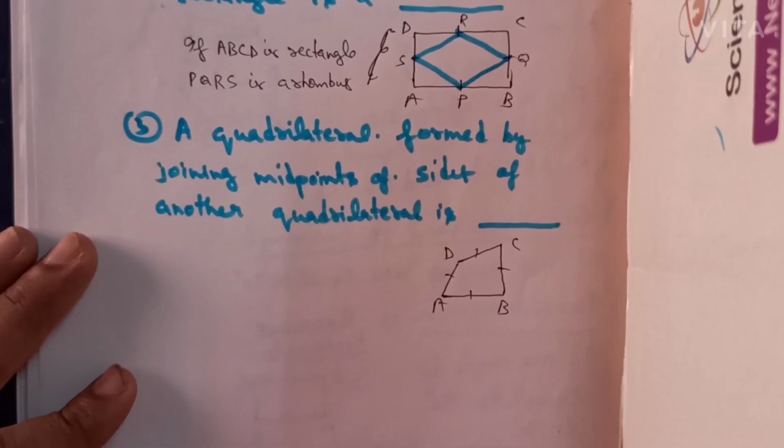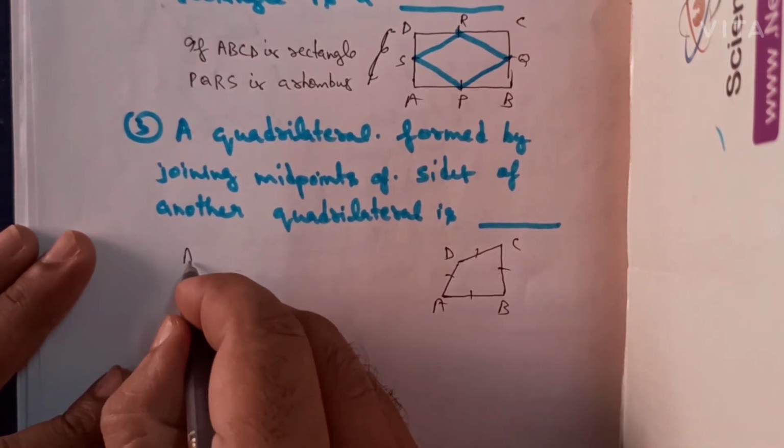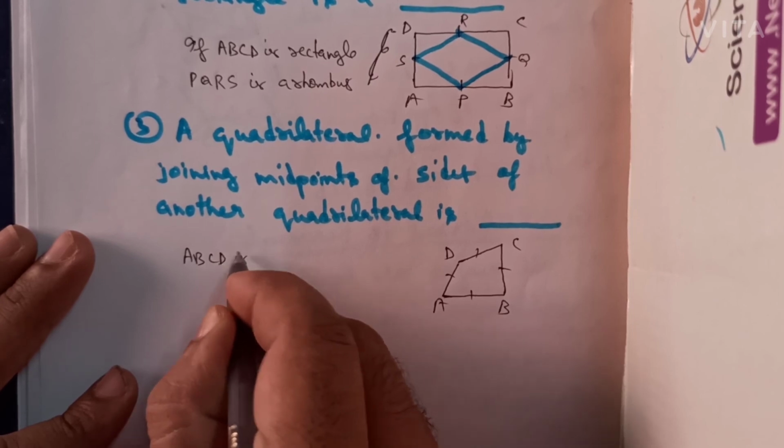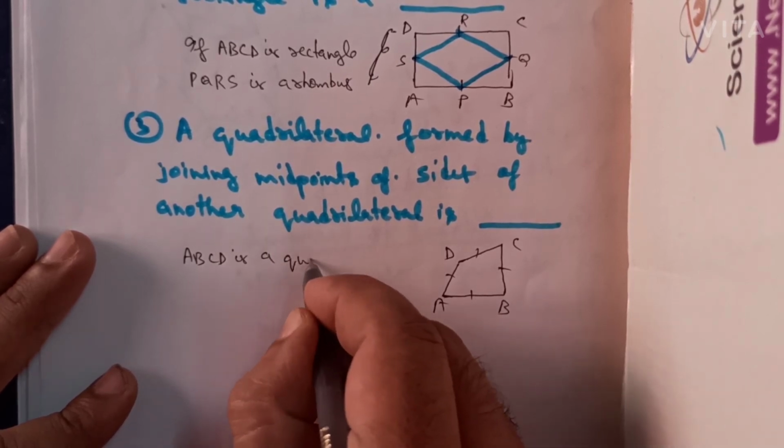Now a quadrilateral formed by joining the midpoints of sides of another quadrilateral. Here given that ABCD is a quadrilateral. Okay.